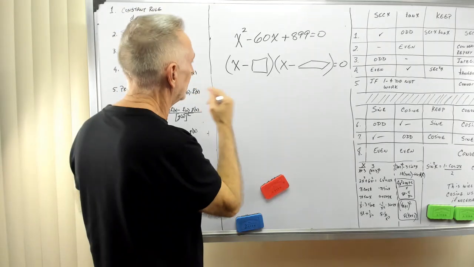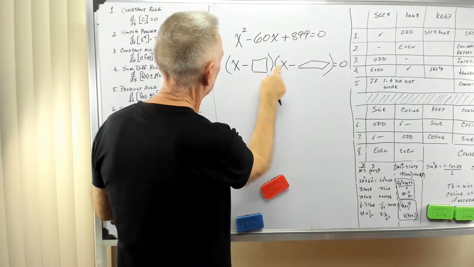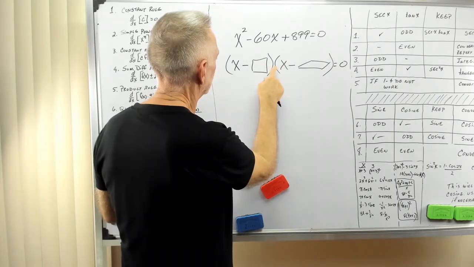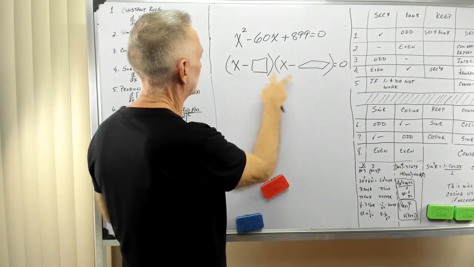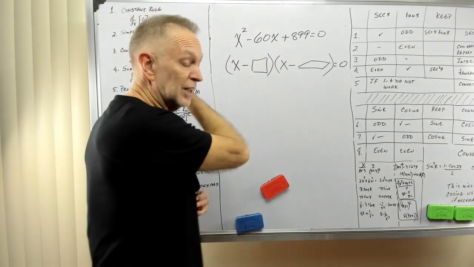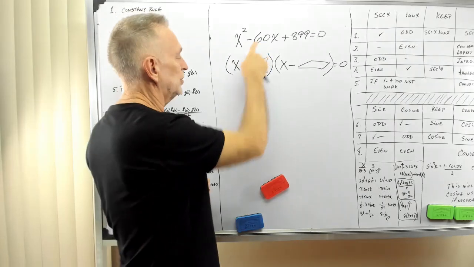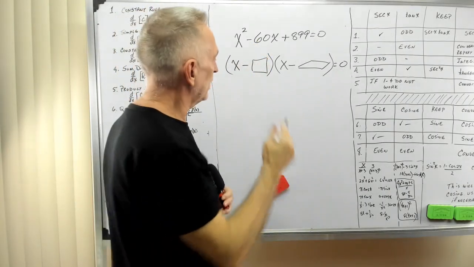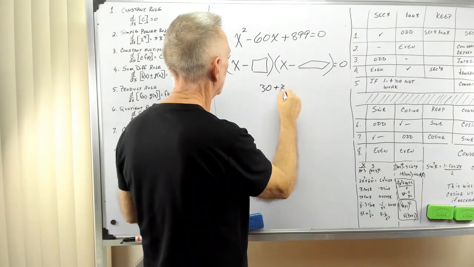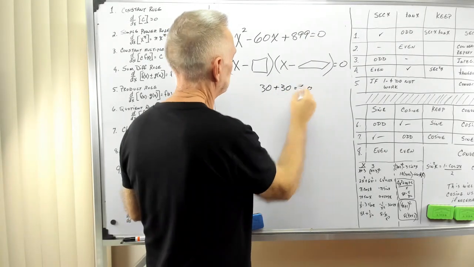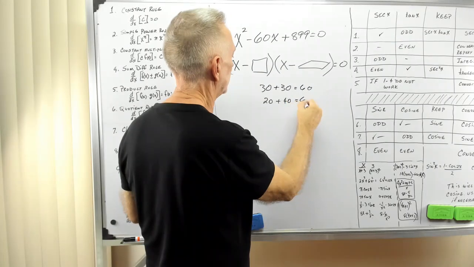And then this negative box x, negative other box x need to add together to give me a negative 60x. Well, if I look at 60, that's 30 plus 30. It could be 20 plus 40, I think was the other example he gave.